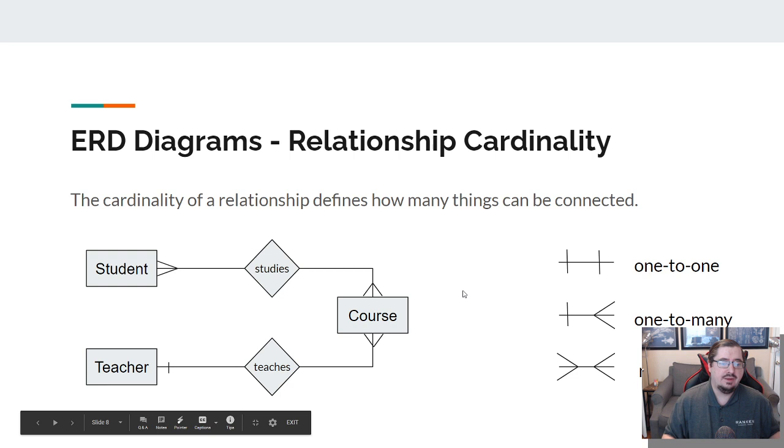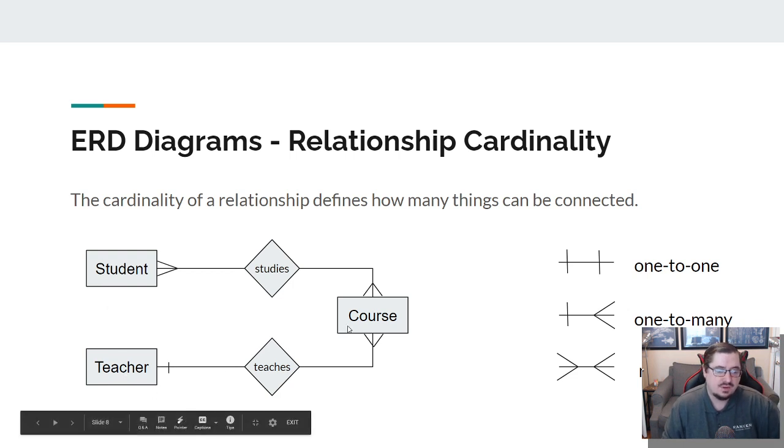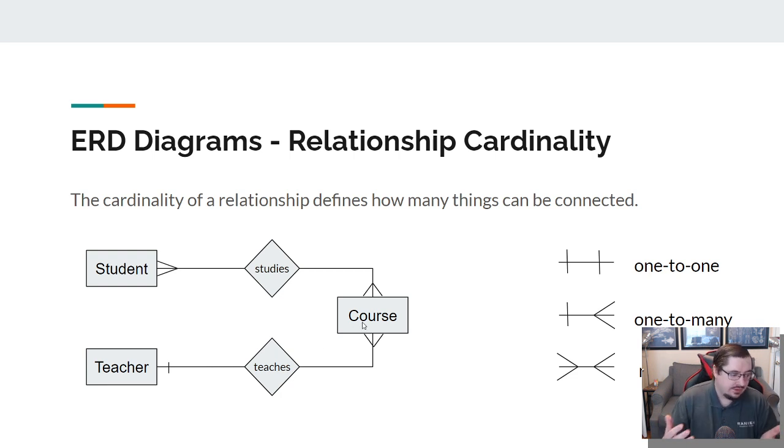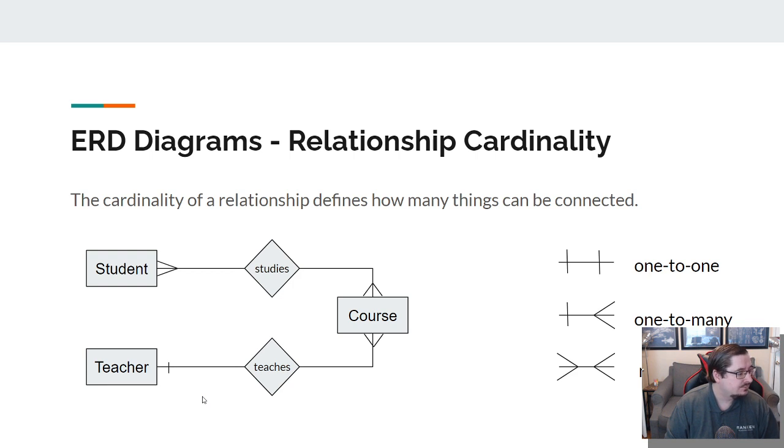So your cardinality is how many things are connected to each other. If we're looking at teachers and courses, how many teachers usually teach a course? One. It's usually one.